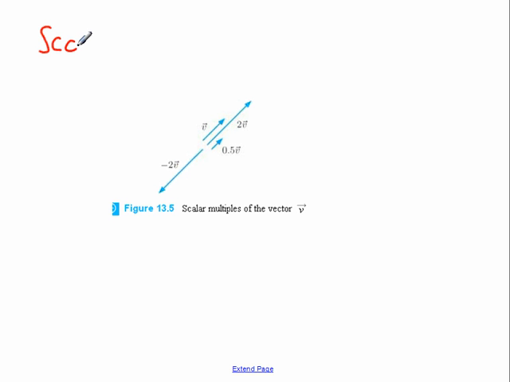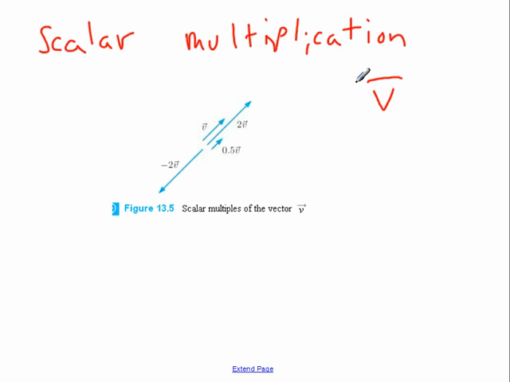The other thing that we want to be familiar with is called scalar multiplication. We're not at the place yet where we're going to multiply a vector times a vector, but what we will do is take some vector v, and we can multiply it by a scalar, some constant.